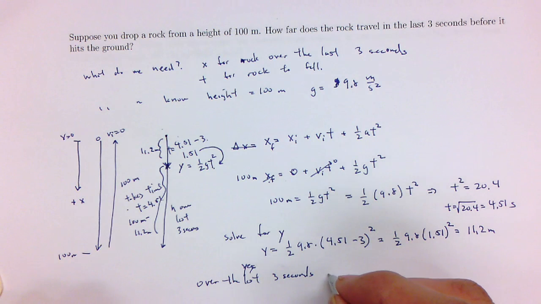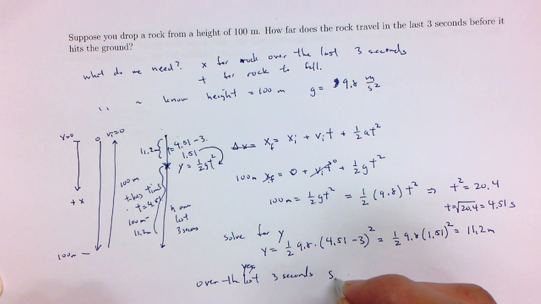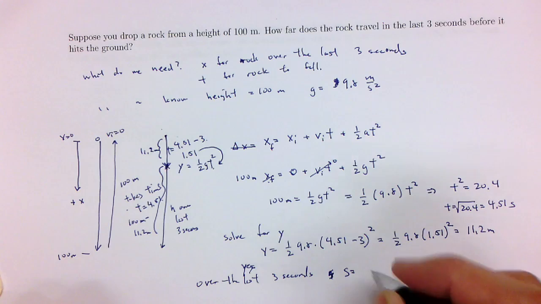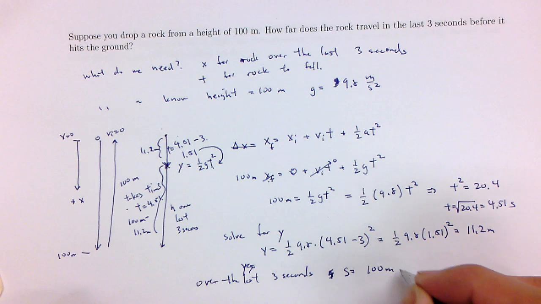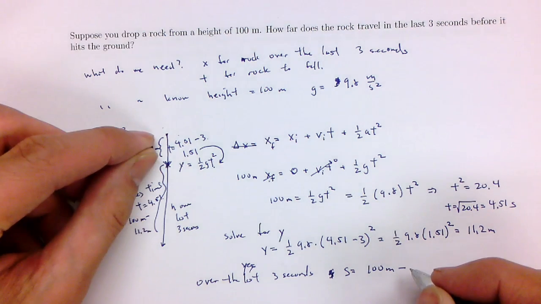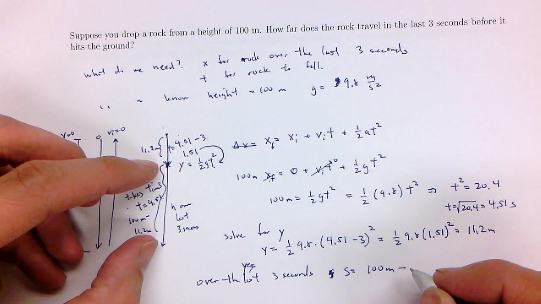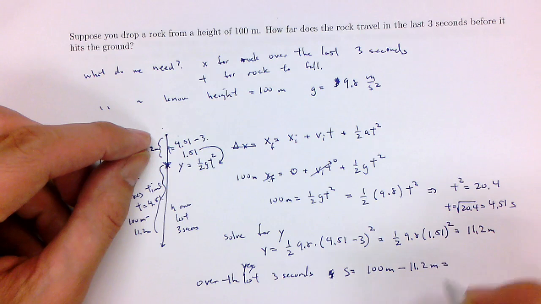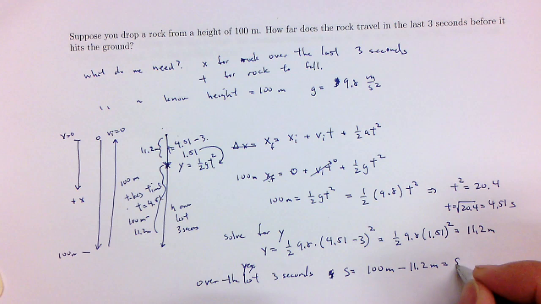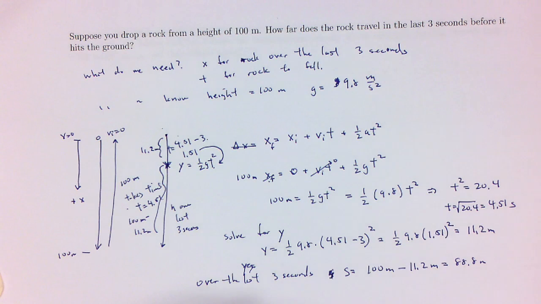I'll call it s, and s is equal to the total height, which is 100 meters, minus the height it fell over the first 1.5 seconds, such that the rest of the time to fall is 3 seconds. And this distance is 11.2 meters. So when we plug it all in, this is 88.8 meters. And we're done. Beautiful. All right, hope that was helpful.